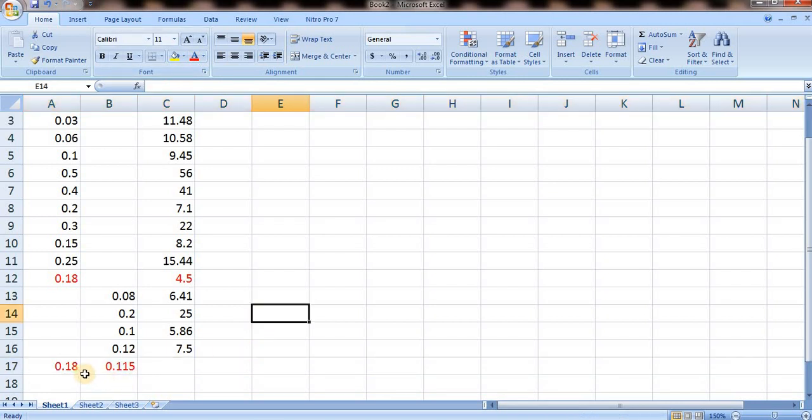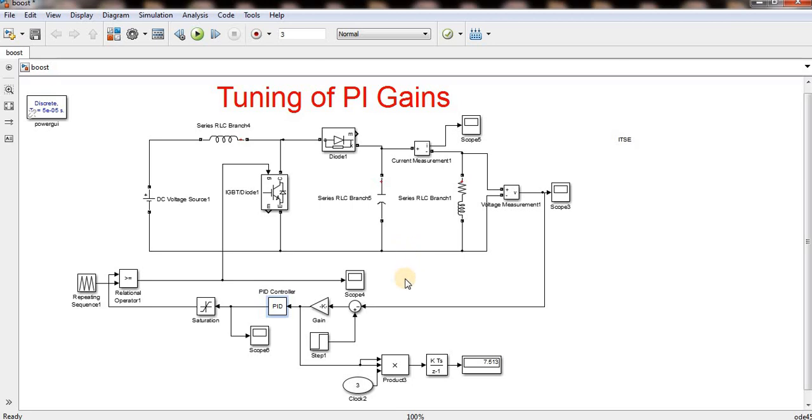If it is better, again you have to change the kp a little bit and follow the same procedure. So 4 to 5 times you have to tune the kp, and 4 to 5 times you have to tune the ki. Let us assume how much time it will take if your values are from 0 to 200 or 300.